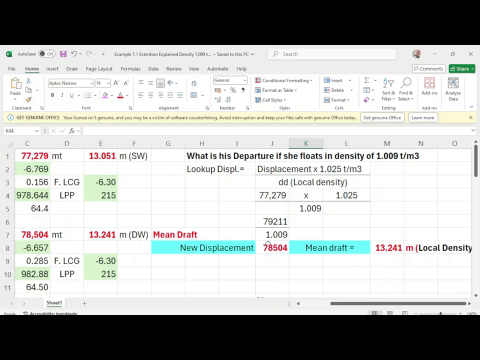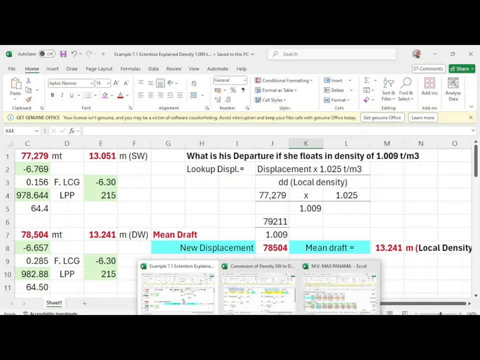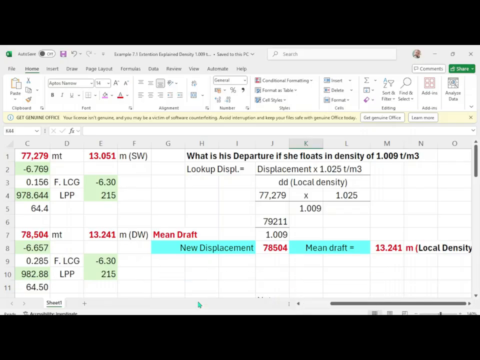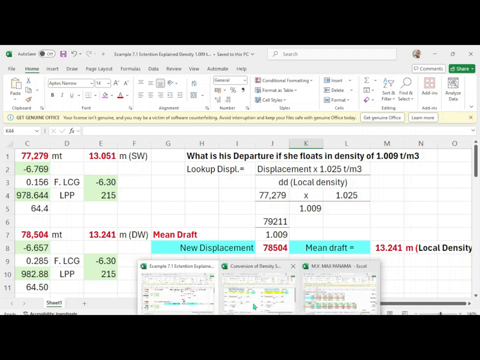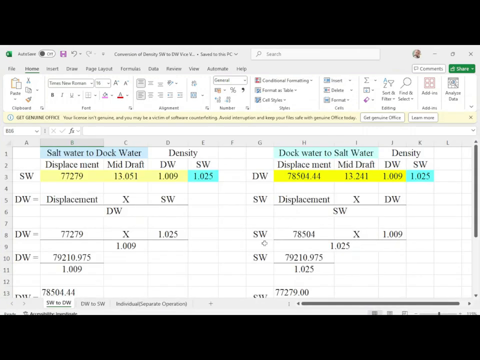Okay, so we will prove this, guys. I have here a formula I made, from salt water to dock water density.